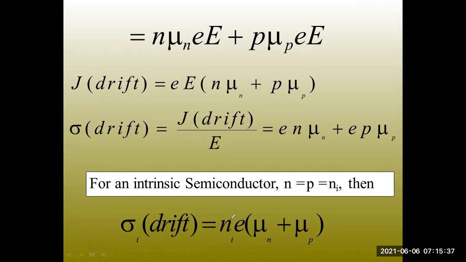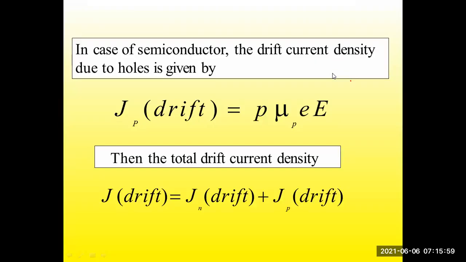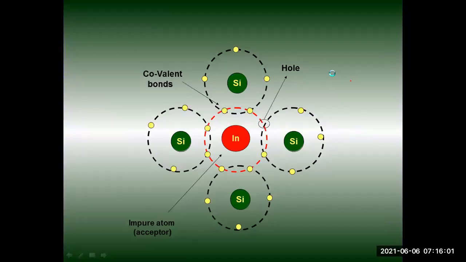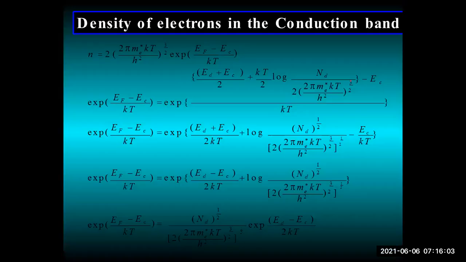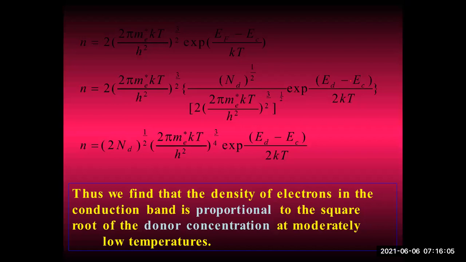What is this n i value? We got it in the previous equation, the carrier concentration we have calculated. If you don't remember, I will show you the value of n i we got on the previous slide, the one we got for electrical conductivity.